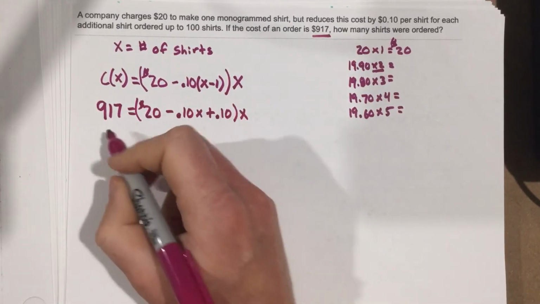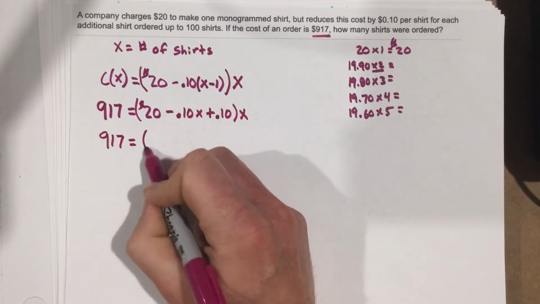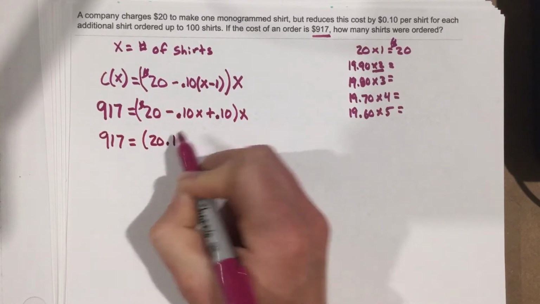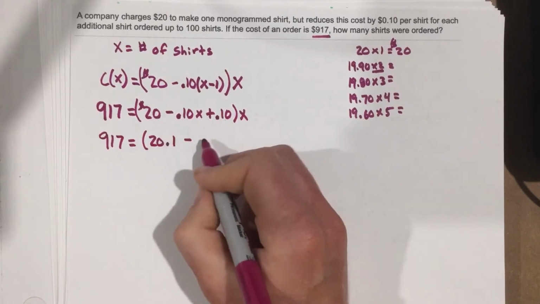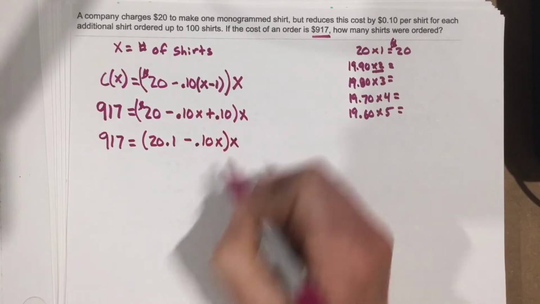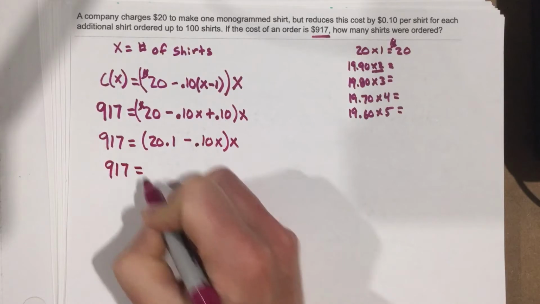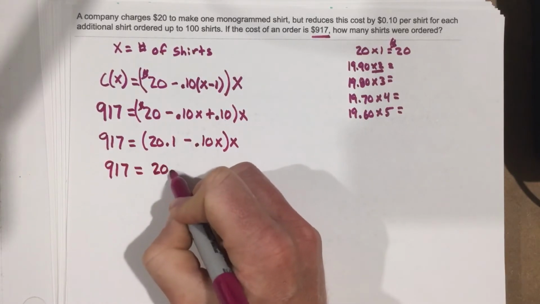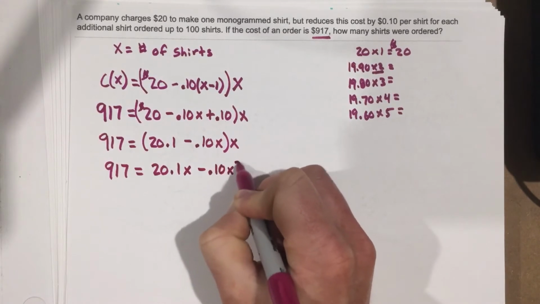Let's combine stuff on the inside. So it's 917 equals 20.1 minus, when we combine the 0.1 and the 20, that's how we got 20.1, minus 0.10x, times x. Distribute, we get 917 equals 20.1x minus 0.10x squared.